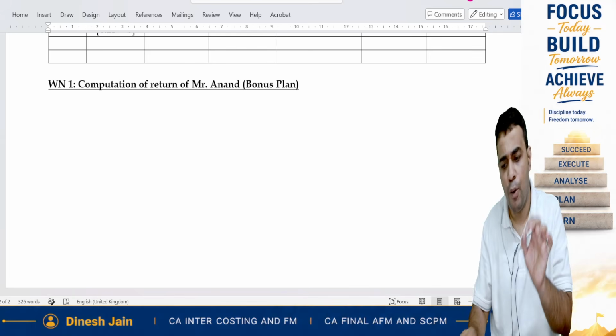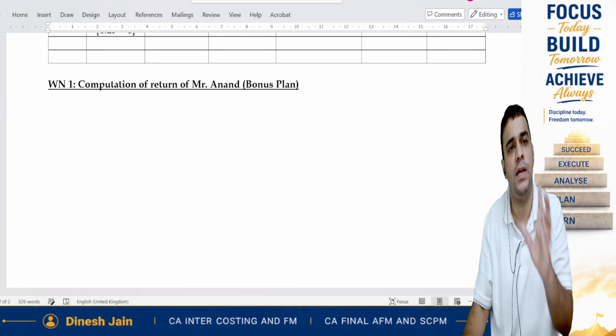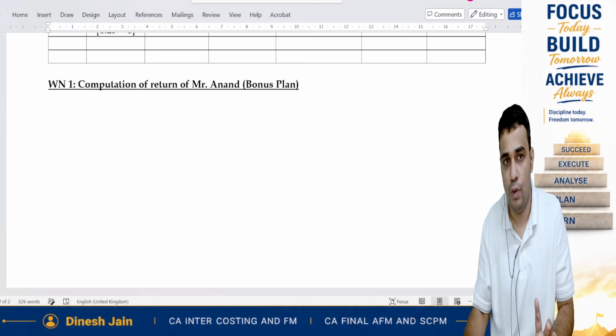In a bonus plan, will the opening units be equal to closing units? No, it is going to vary.